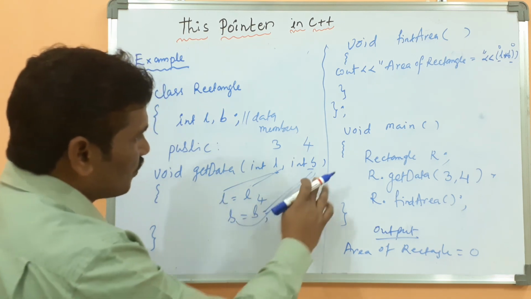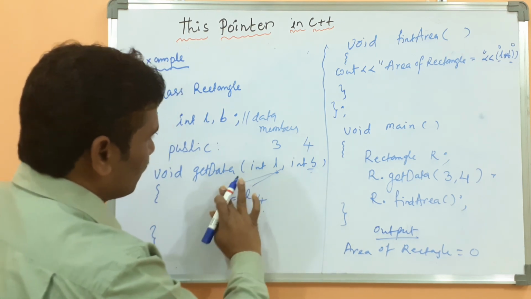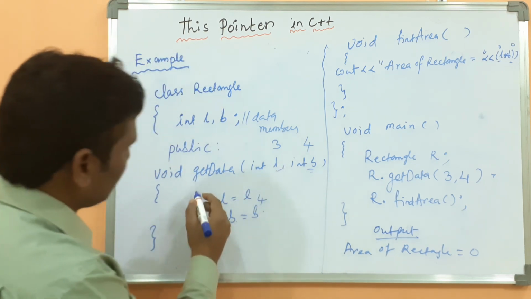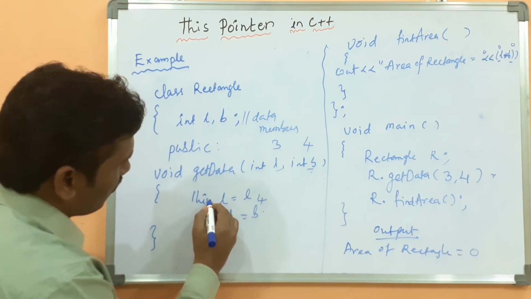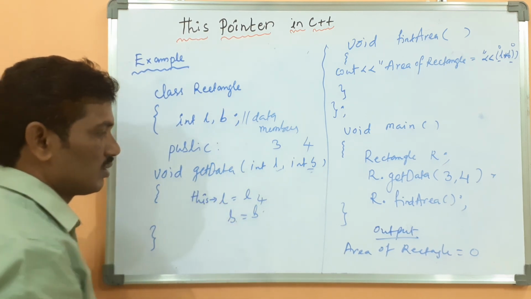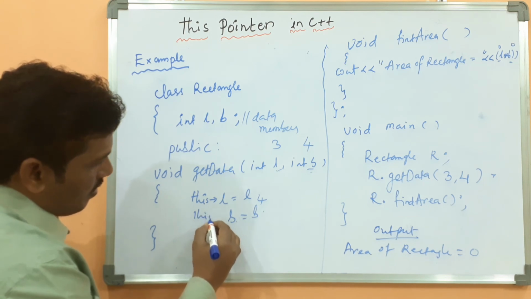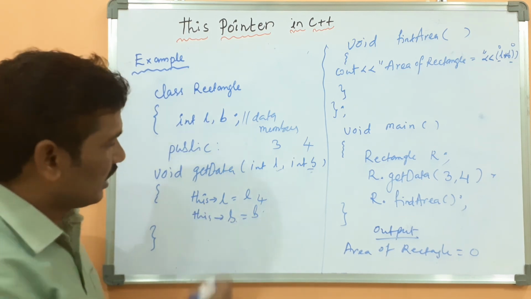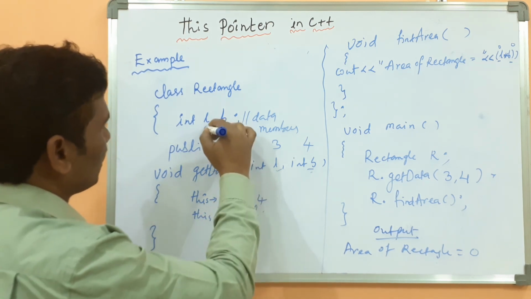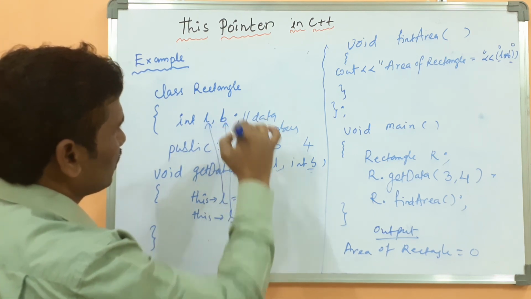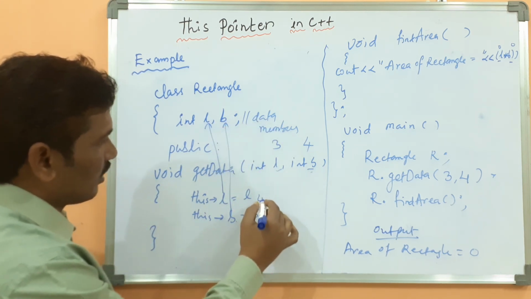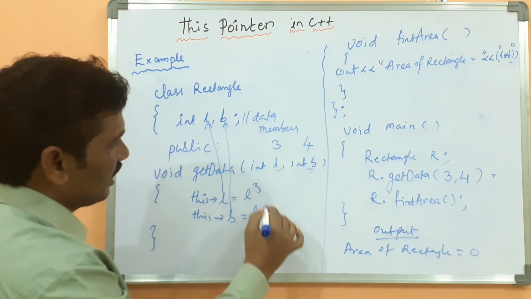We should use the this pointer concept. Now it is referred to this one, it is referred to this one. Here, what is here? 3 and 4.